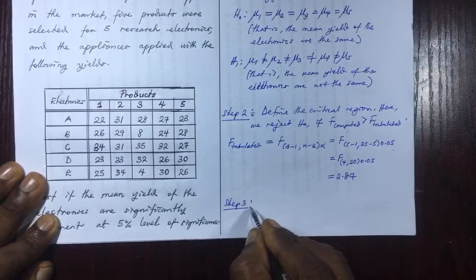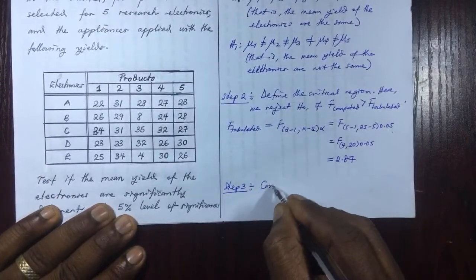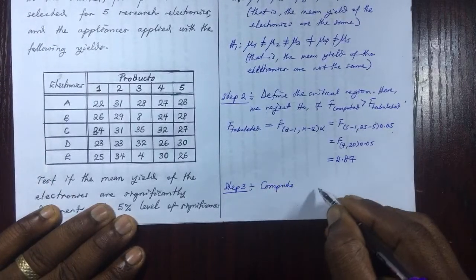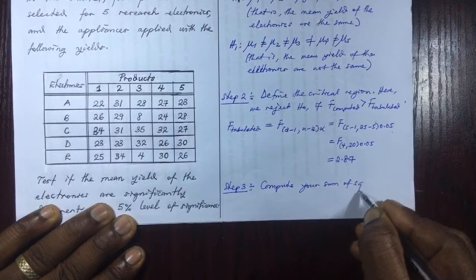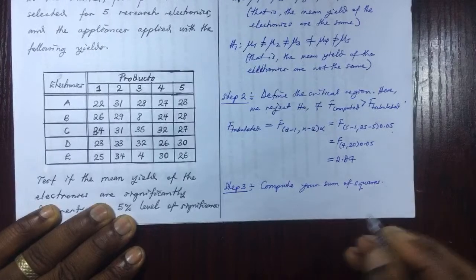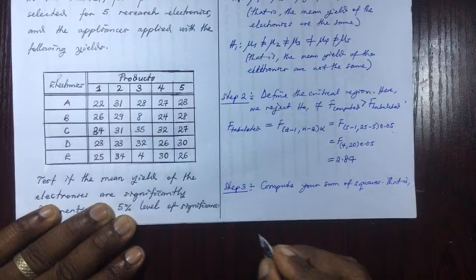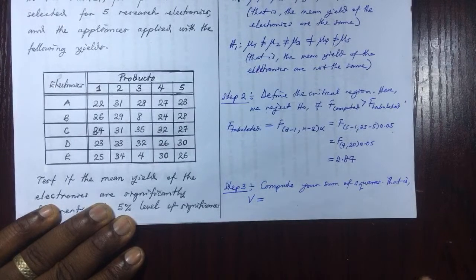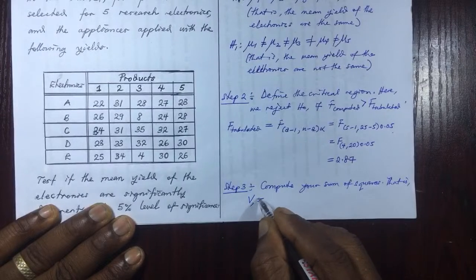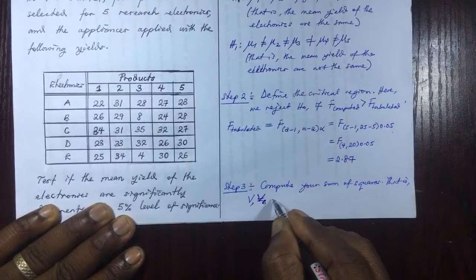What would I be doing in step 3, guys? In step 3 is where you compute your sum of squares. By your sum of squares, we want you to compute the sum of squares total, that is V. We want you to compute your VB, that is variation between treatments.